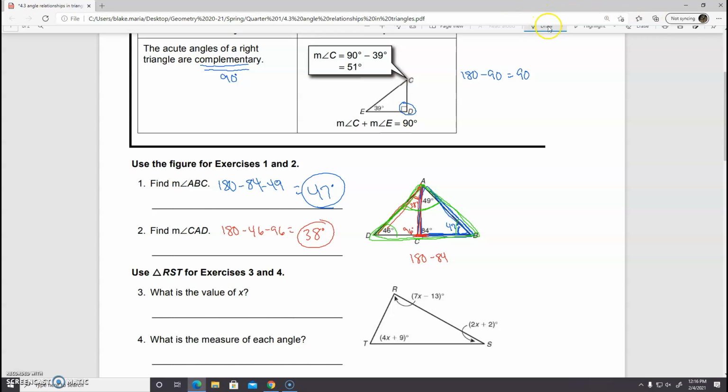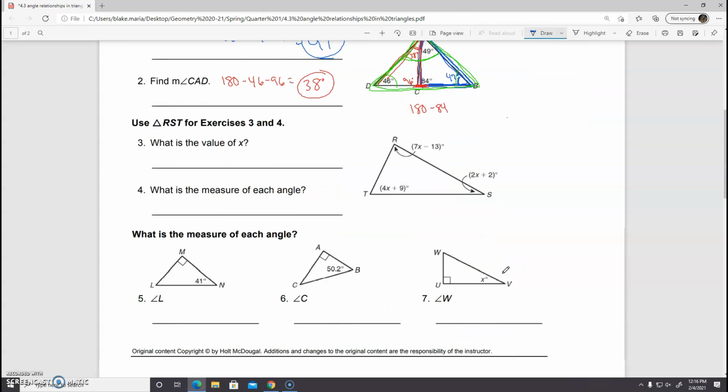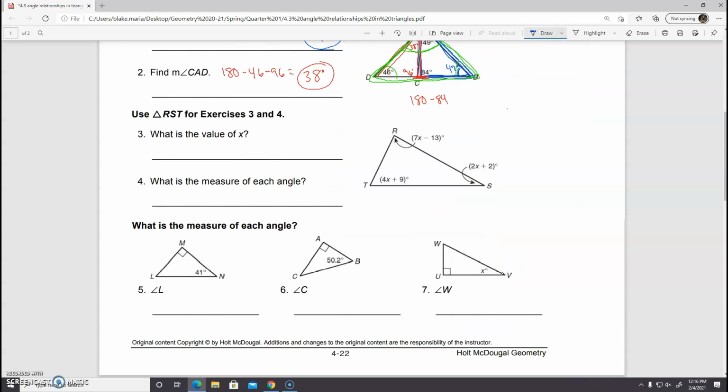Moving on, let me go back to blue. So you can also use it with some algebra here. Again, looks pretty intimidating, but we know the angles of a triangle should add up to equal 180. So it's going to be quite a long one. 7x minus 13 plus 2x plus 2 plus 4x plus 9 has to equal 180.